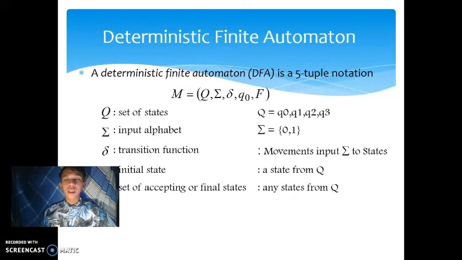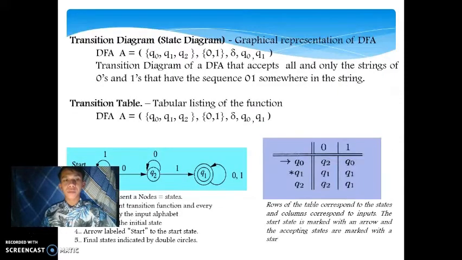A DFA is a 5-tuple notation. It is composed of a set of states, input alphabet, transition function, initial state, and set of accepting or final states.